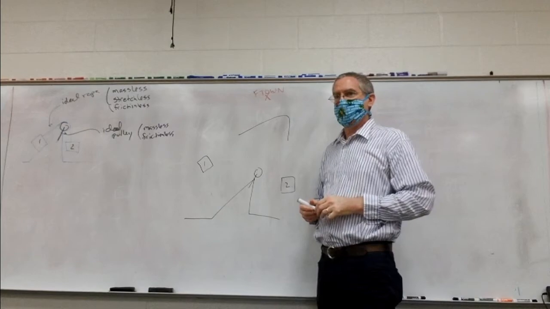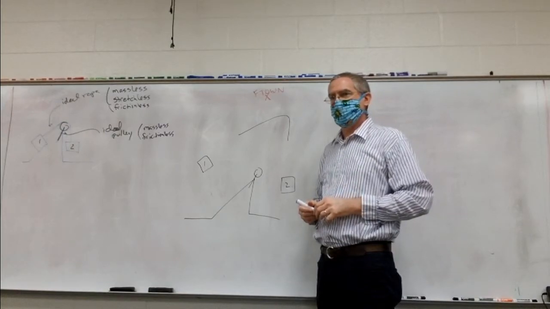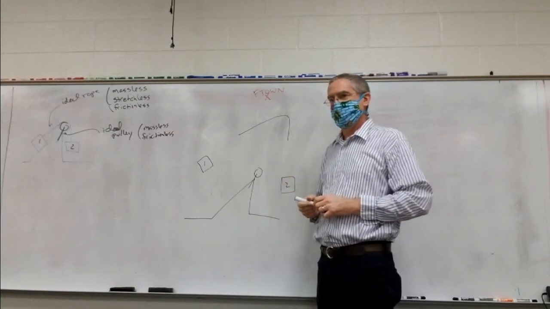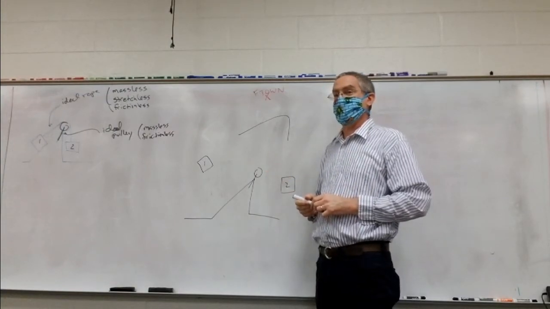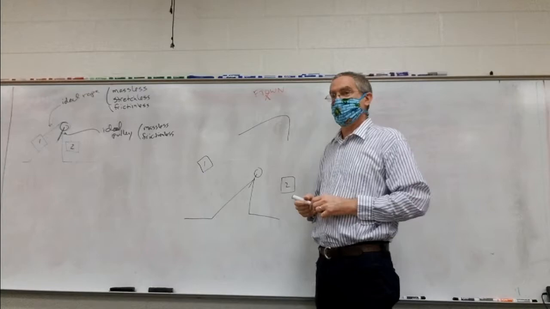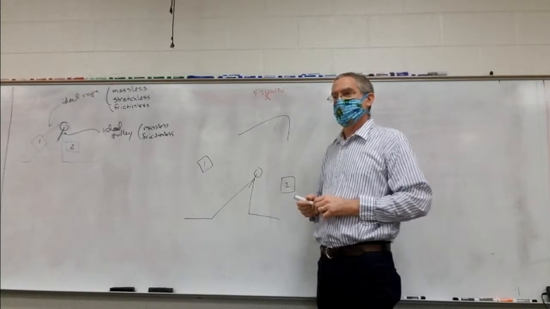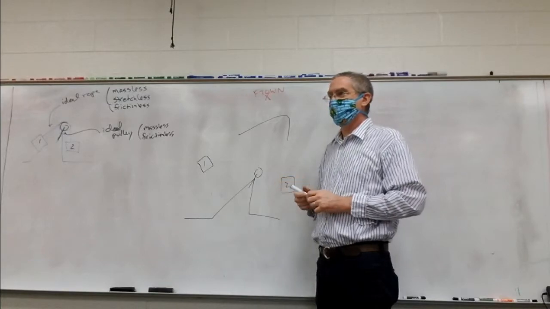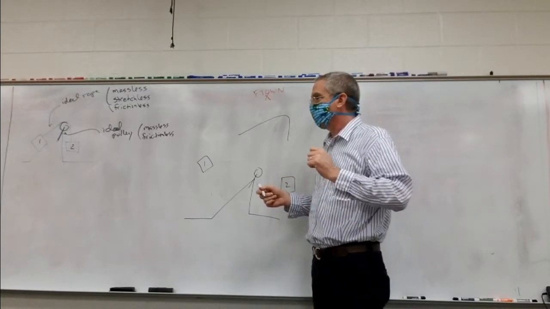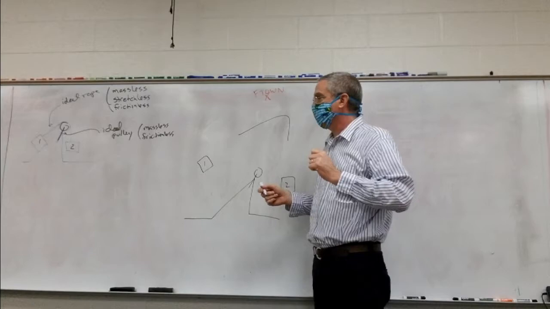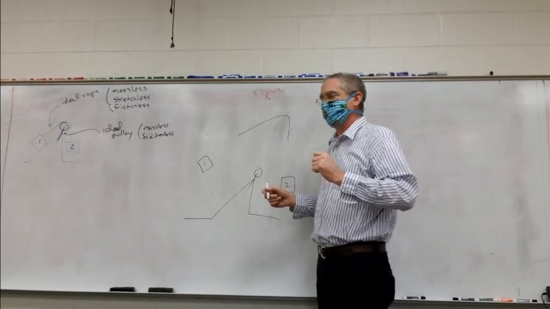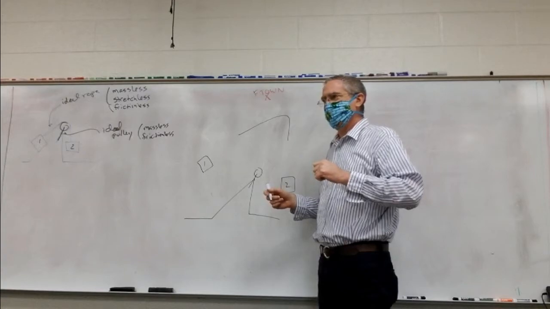There is weight between box one and the ground. Which way is it acting on box one? Down on the ground. All right, so it's acting down on the ground, part of the ground, the ramp.